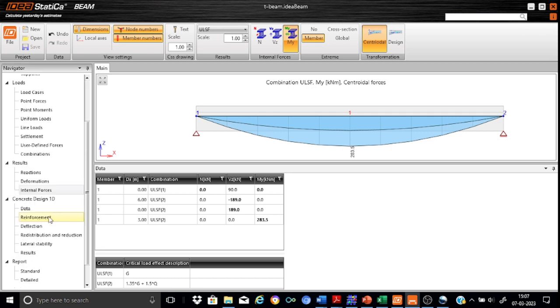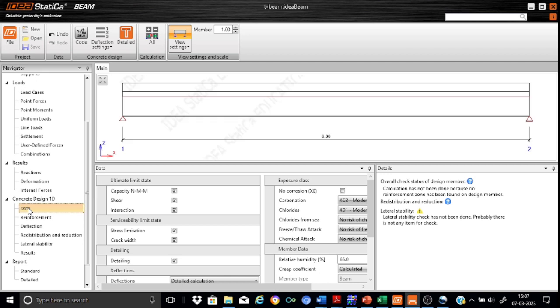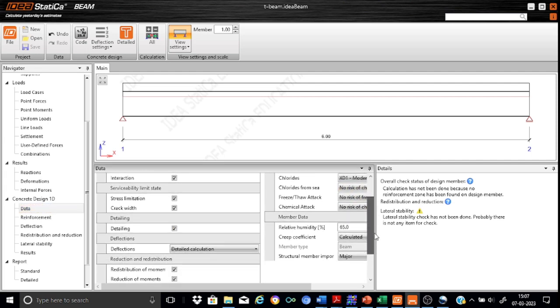Okay, so let us start providing all the input to the program regarding the concrete design 1D. Press the data. As you can see, it will ask what verifications and checks you want to carry out. You want to carry out the capacity verification, shear interaction, stress limitation, crack width, detailing, and the deflections.